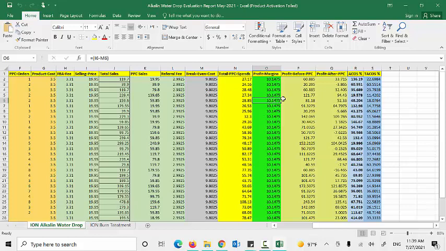So now profit before PPC, let's see here, this was the whole profit or the whole sale before PPC, and profit after PPC, meaning after the PPC, how much the PPC spend was on that day. It's P5 minus N5.